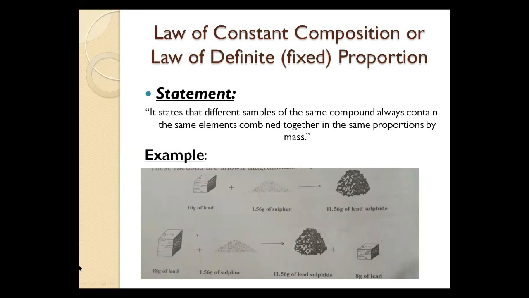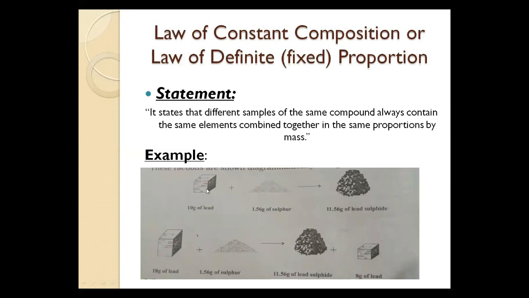He worked on different parts of chemistry, but especially on constant composition, or definite proportion. For this, Berzelius took 10 gram of lead with varying amounts of sulfur, and he got exactly 11.56 gram of lead sulfide, and the excess sulfur was left over and unused.